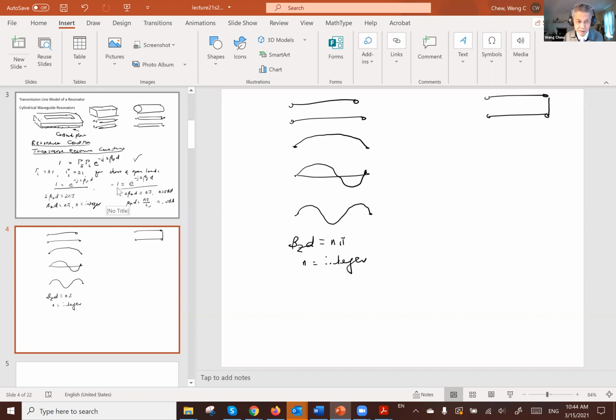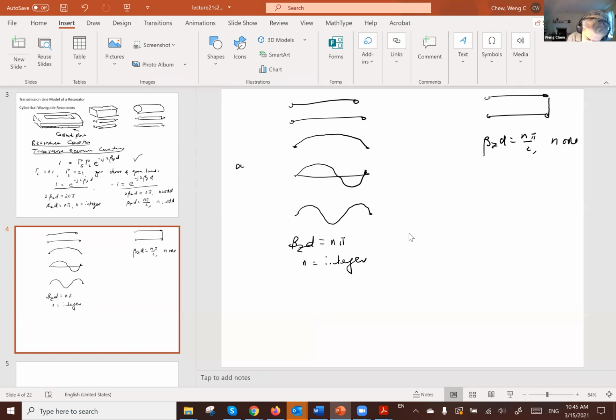And this equation is the equation that you have finally. And so you have the case where beta z d is n pi over 2 and n is odd. And you can actually figure out what the voltage pattern should be like. This is actually the current.